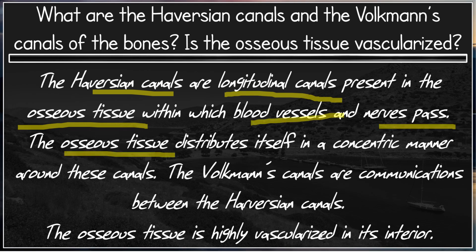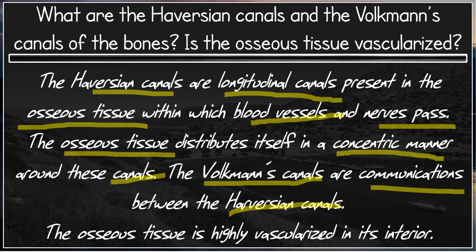The osseous tissue distributes itself in a concentric manner around these canals. The Volkmann's canals are communications between the Haversian canals. Osseous tissue is highly vascularized in its interior.